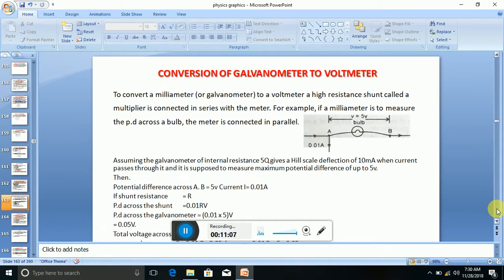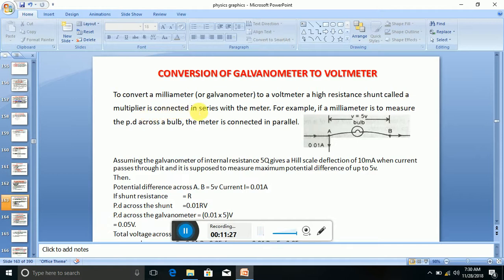Conversion of a galvanometer to a voltmeter. To convert a milliammeter or galvanometer to a voltmeter, a high resistance shunt called a multiplier is connected in series with the meter. You see, in the other one for the ammeter, a low resistance, but this one a high resistance.